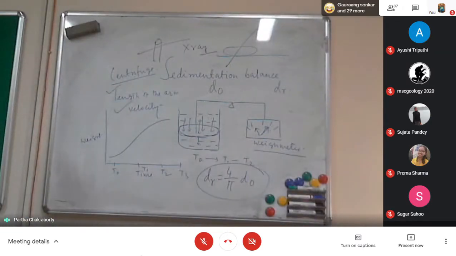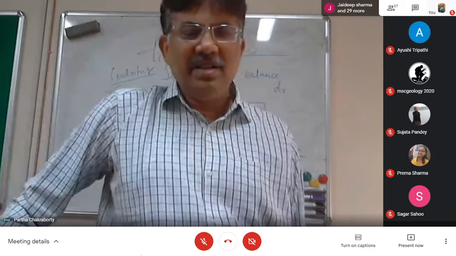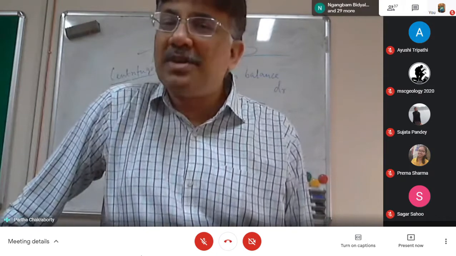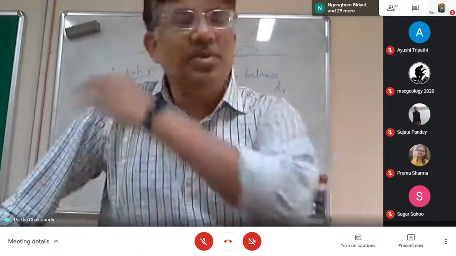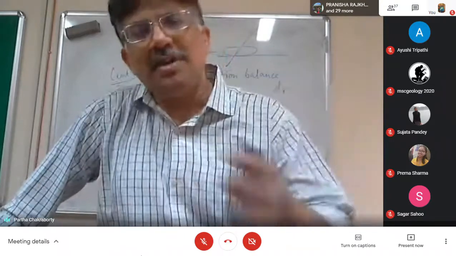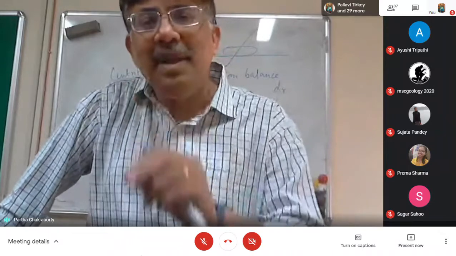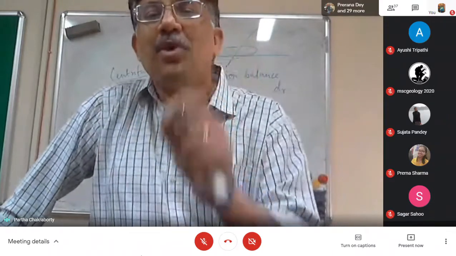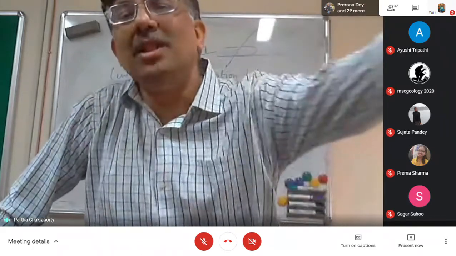But we really do not do this exercise when we measure from thin section. After measuring, we do not transform by using this equation. Directly we use this data to plot the grain size data. Why? Because whatever shortcoming I have in measuring an individual grain is propagated to all the grains.